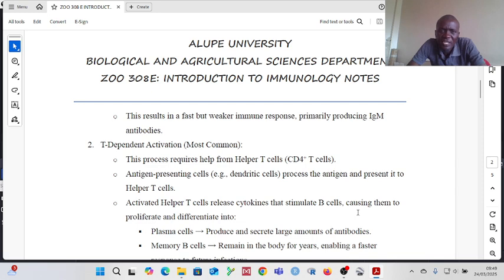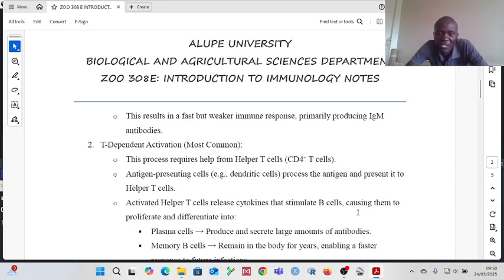So we know that the antigen-presenting cells, for example, the dendritic cells, process the antigen, then present it to the helper T cells. An activated helper T cell will then release cytokines, and those cytokines are what will stimulate the B cells. Upon stimulation of those B cells, that is now what will make them proliferate and differentiate, either to become plasma cells or memory B cells.